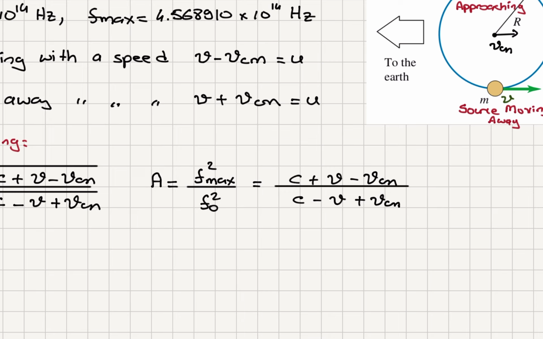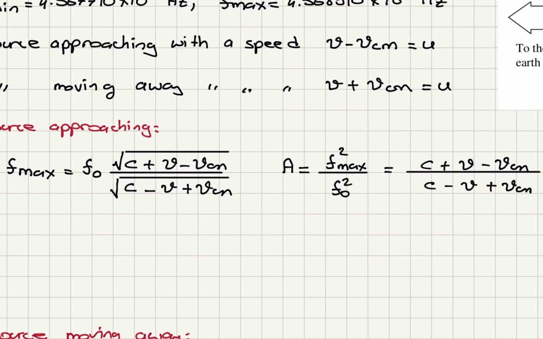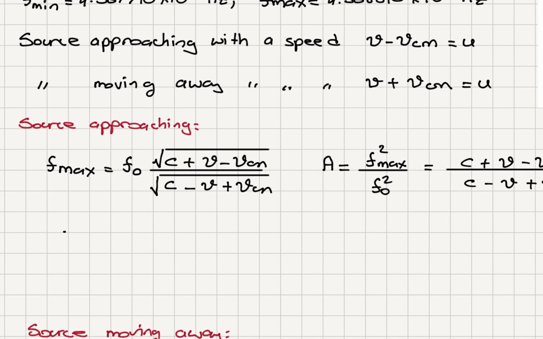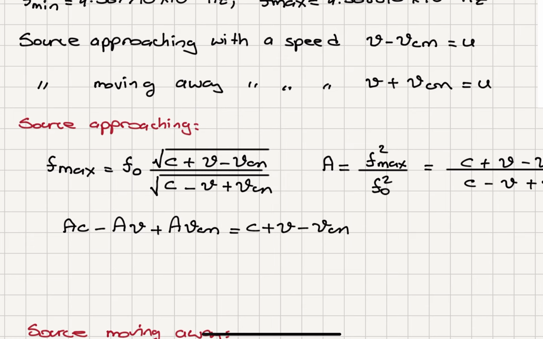So if I multiply the bottom by A and equate it to the top, I will obtain Ac minus Av plus Av center of mass is equal to c plus v minus v center of mass.